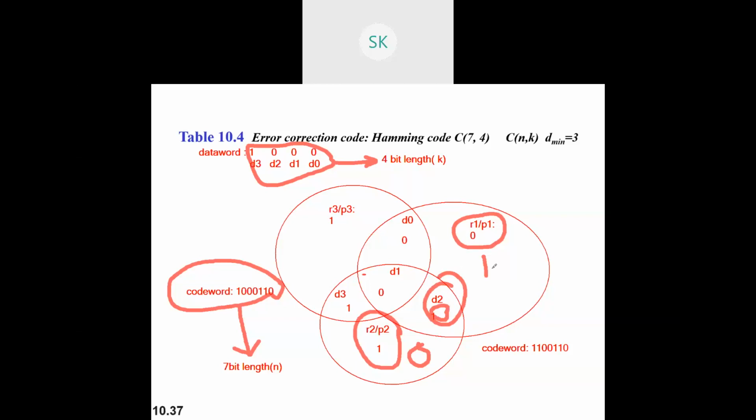Suppose I have a 2-bit change. Say for example, I'll erase these particular things.